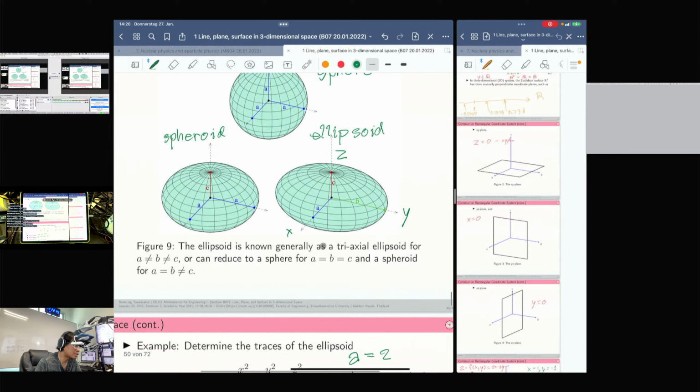Is there anyone who could tell me the intersection result? Anyone? Let me look at you in Zoom. Is there anyone? No one on Zoom says anything. Okay.